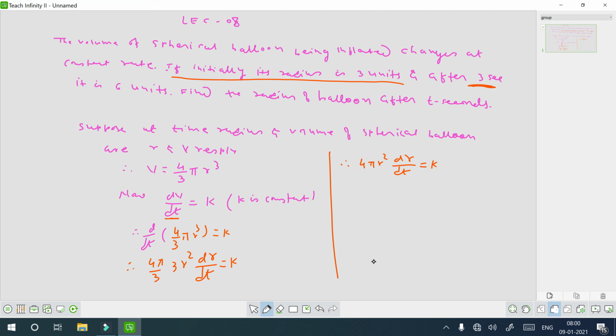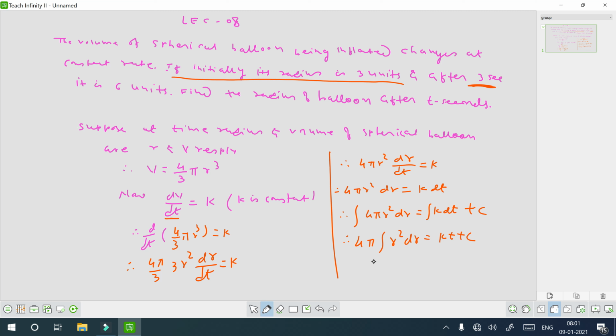So now it is in terms of a differential equation. And therefore 4 pi r square dr is equal to k dt. So integrate it. Integral of 4 pi r square dr is equal to integral of k dt plus some constant c. So 4 pi common, integral of r square dr is equal to kt plus c. Clear?